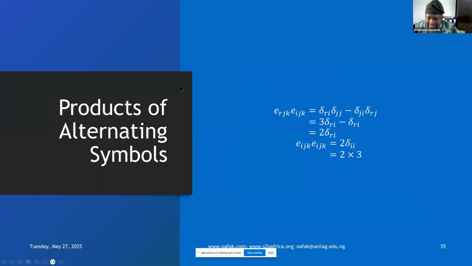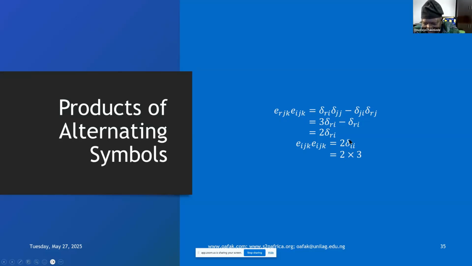Okay, those people who don't understand, you can see that we have explained that ERJK times EIJK is equal to 2 delta RI. If you turn R here to I, then on this other side, you must turn this R here to I. So that means EIJK times EIJK is equal to 2 delta II.